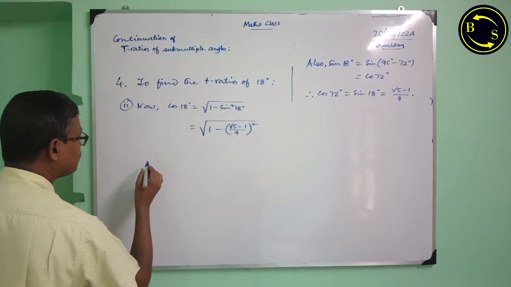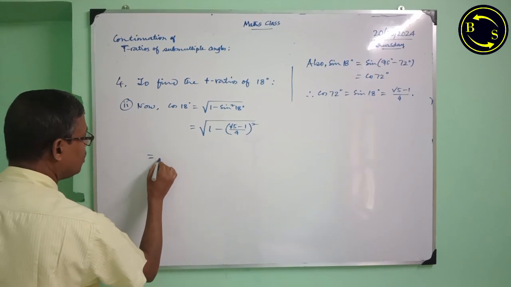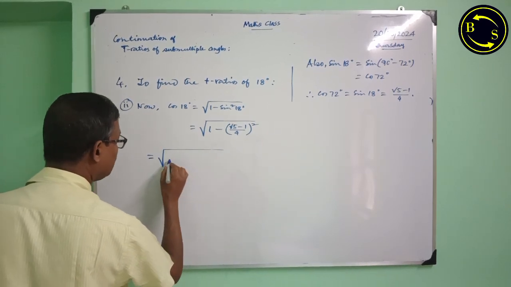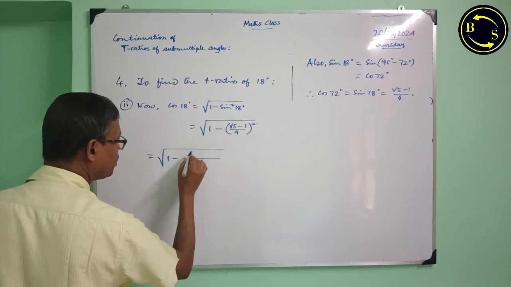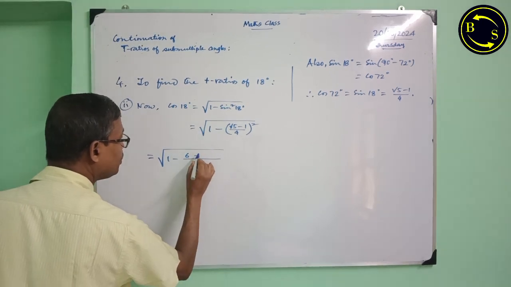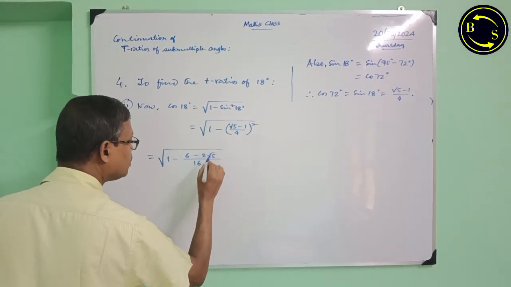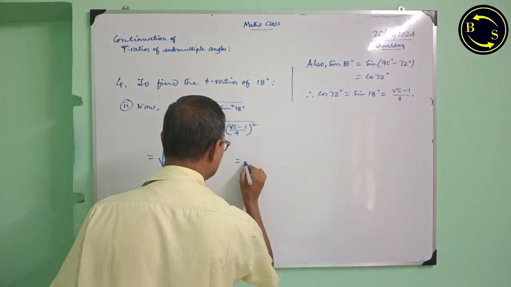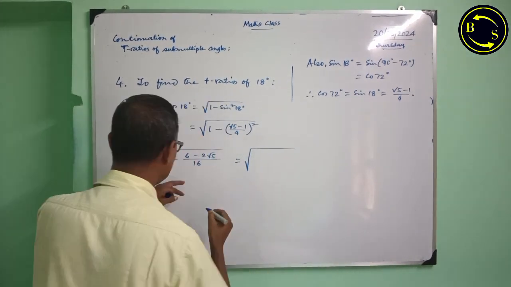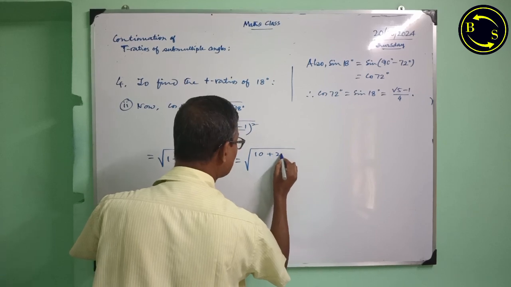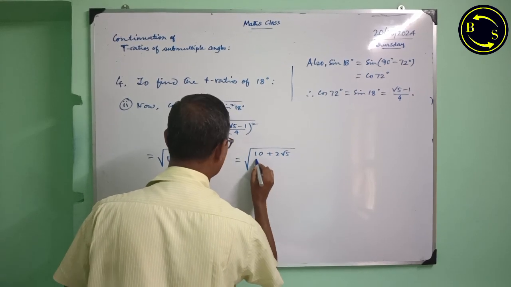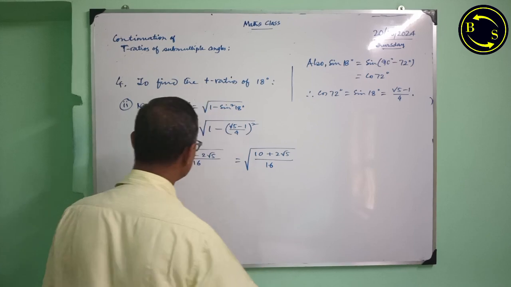We simplify that. 1 minus, 5 plus 1, 6 minus 2 root 5, over 16.